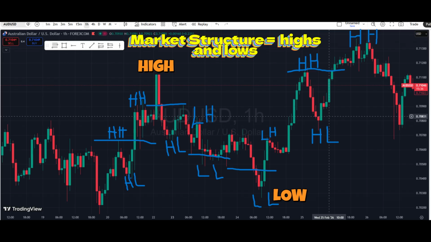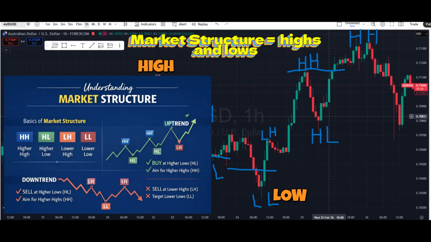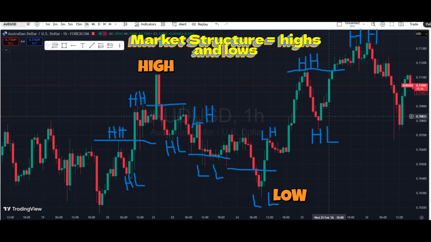Then looking at this image, the down section, you can see the red structure, which is a downtrend, is the opposite. Price moves from a lower high to a lower low, lower high again, lower low, meaning each rally fails to break the previous high, and each drop creates a new lower low. Breaking it down: price drops and makes a low.